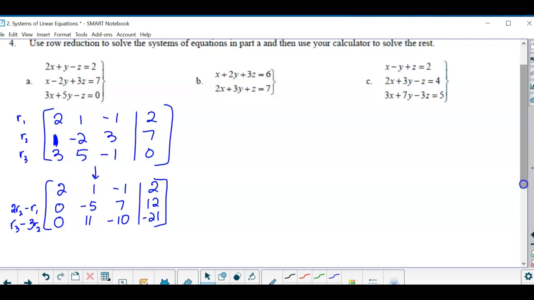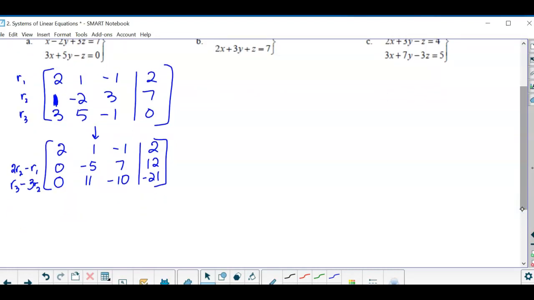Now, from here, got to make this 0. And the problem is, if you use the first row, then you're going to end up with a number here. Okay, so really you want to compare it to the second row.